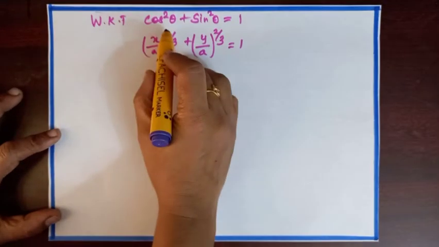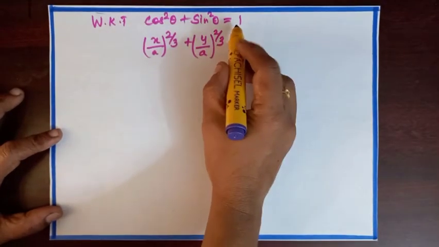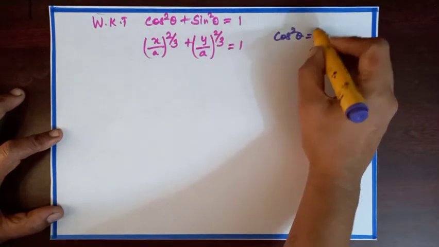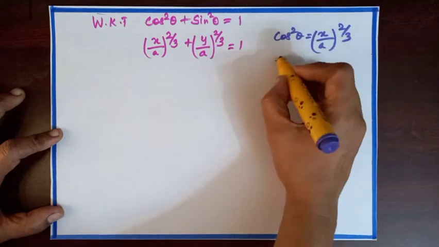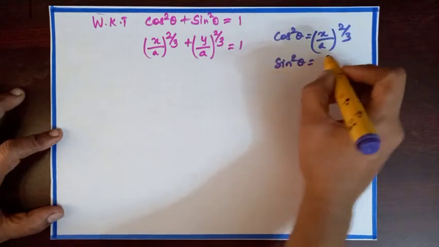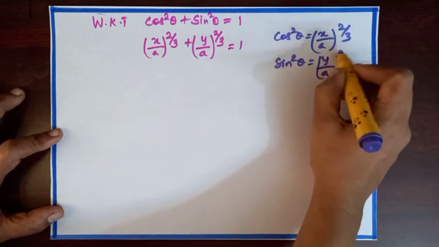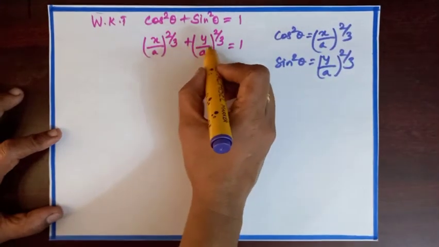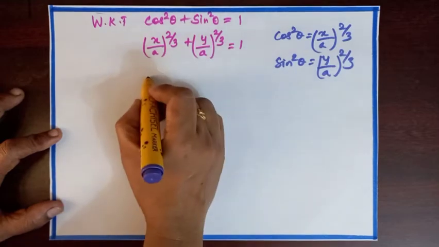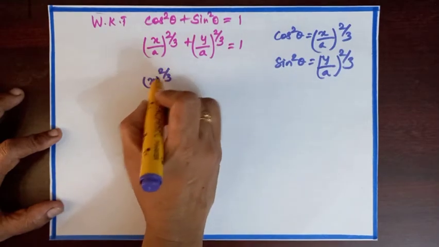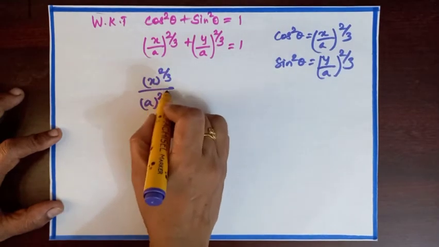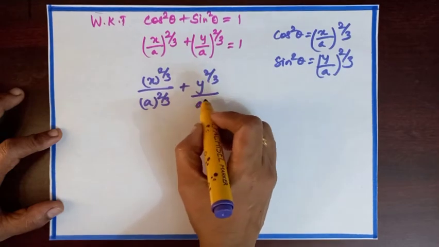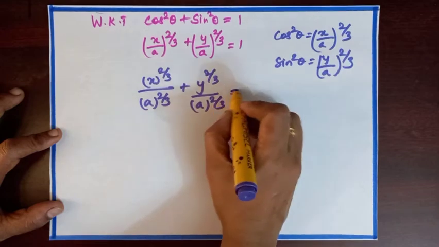We know that cos square theta plus sin square theta equal to 1. Cos square theta is (x by a) whole power 2 by 3. Sin square theta is (y by a) the whole power 2 by 3. Then (x by a) the whole power 2 by 3 plus (y by a) the whole power 2 by 3 equal to 1. x power 2 by 3 by a power 2 by 3 plus y power 2 by 3 by a power 2 by 3 is equal to 1.